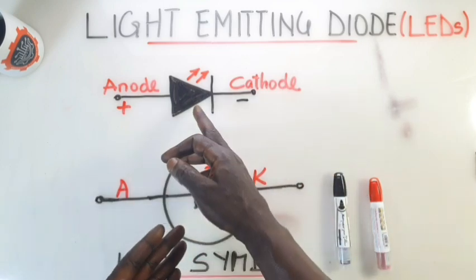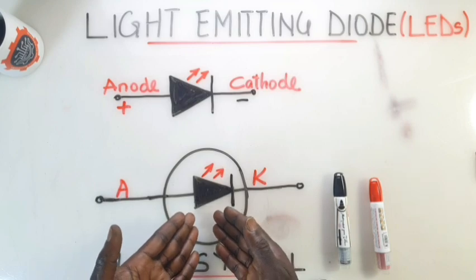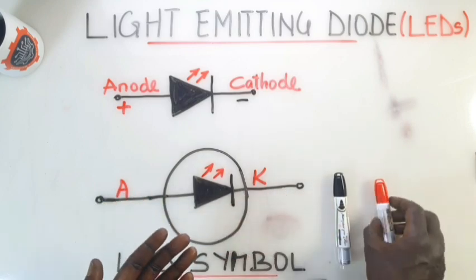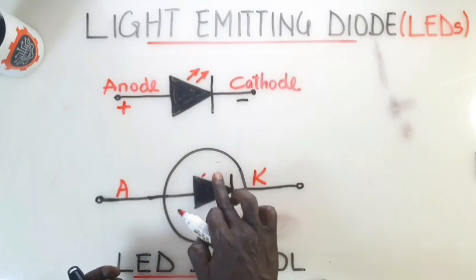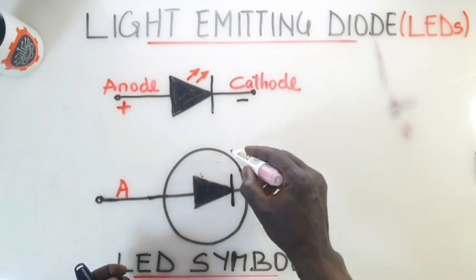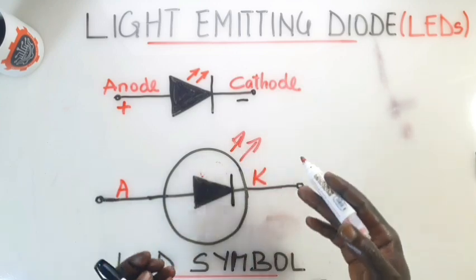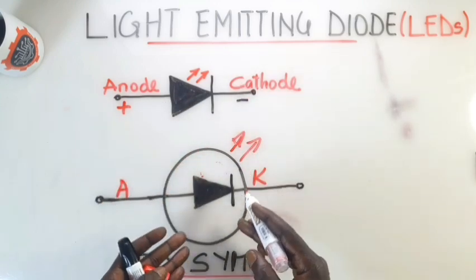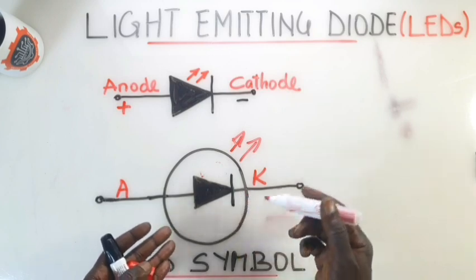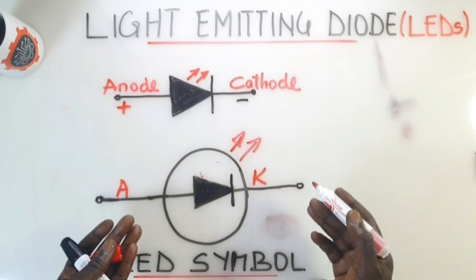If we have the symbol like this, or like this, sometimes you will see the arrow outside here, no problem. It will still be here, no problem. But the position of this arrow must always be against the direction of electron flow.